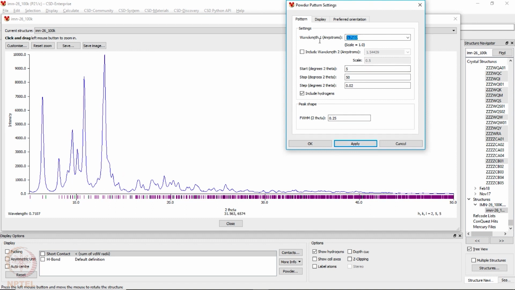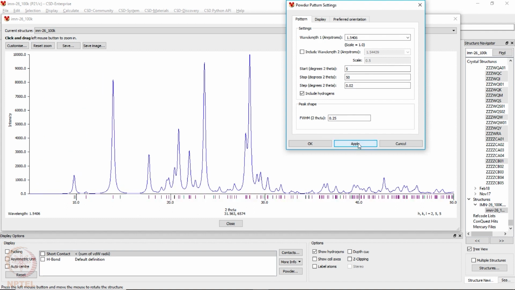But if we use copper, 1.5406 angstrom wavelength, and then we apply it, you see that the peaks are well spread, they are not merged, and with the same FWHM there are several peaks which can be distinguished from the others. With molybdenum, all these peaks completely disappeared or merged together.